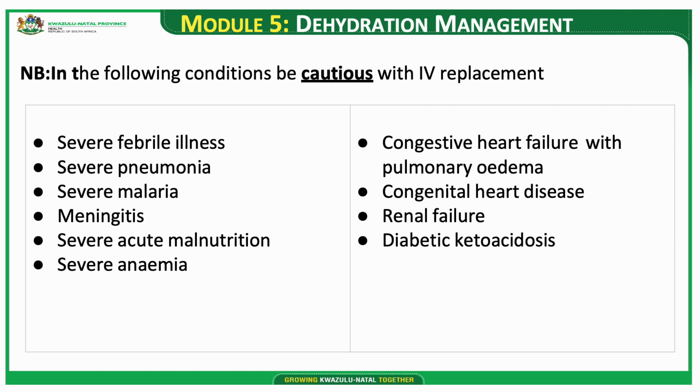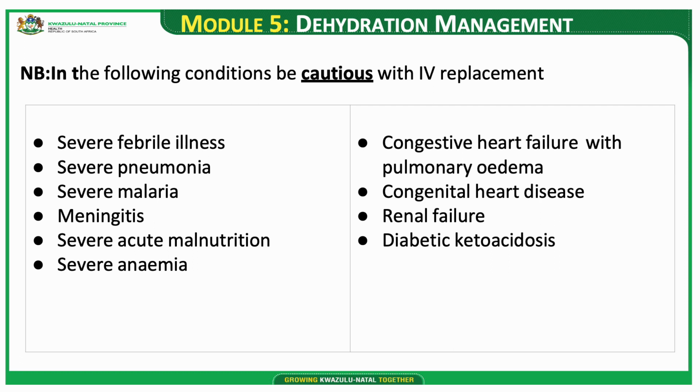In these patients, we need to be cautious with our intravenous replacement. In other words, we need to try and avoid it at all costs, and if we do need to do it, we need to make sure we are definitely reassessing frequently. So children with severe febrile illness, pneumonia, severe malaria, meningitis, severe acute malnutrition, severe anemia, congestive heart failure with pulmonary edema, congenital heart disease, renal failure, and diabetic ketoacidosis.